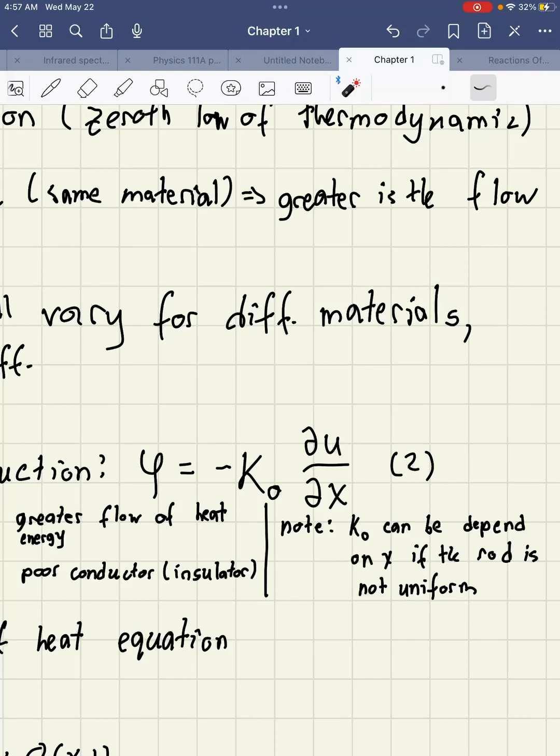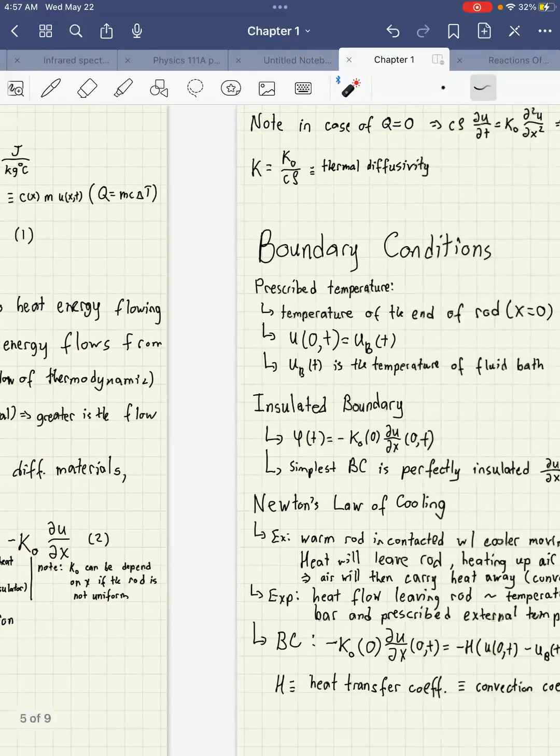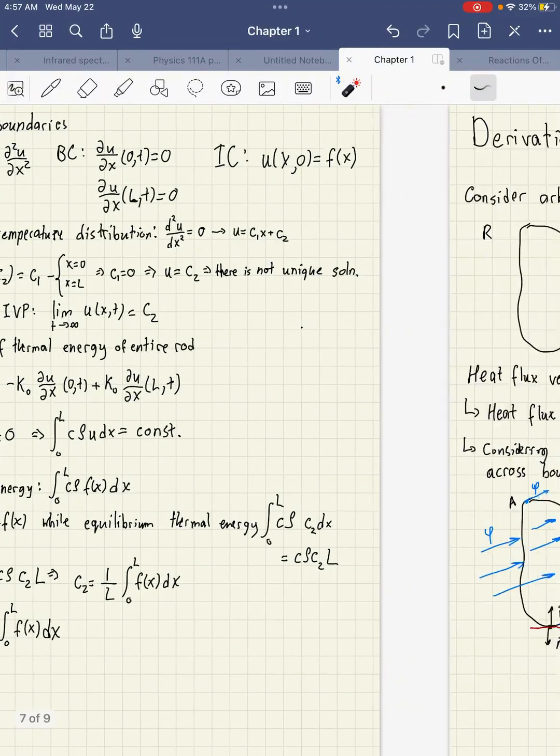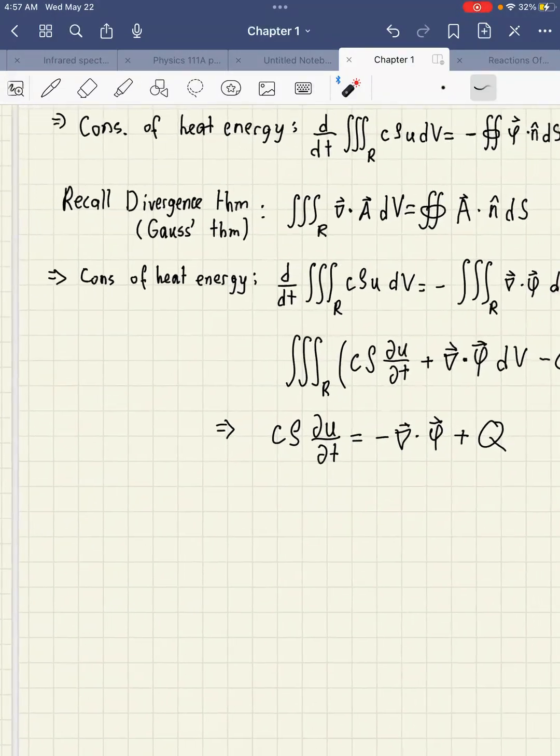Now, why is it the gradient and not the divergence? Okay, you might ask. So critically think about this. My phi is a vector, right? My phi is a vector. My temperature is a scalar. So I cannot take the divergence of the scalar. To make my scalar into a vector, I just have to take the gradient of my scalar function in order to get my corresponding vector.